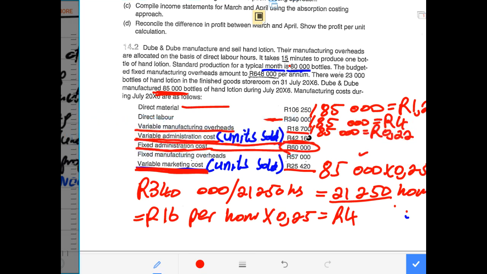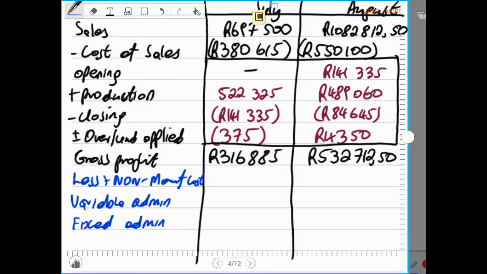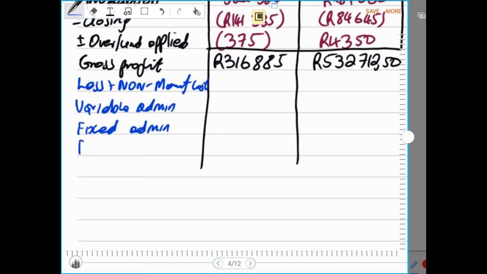Variable admin, fixed admin. It will be variable admin, and our variable admin. Then we also had fixed admin. Then after we had fixed marketing cost.